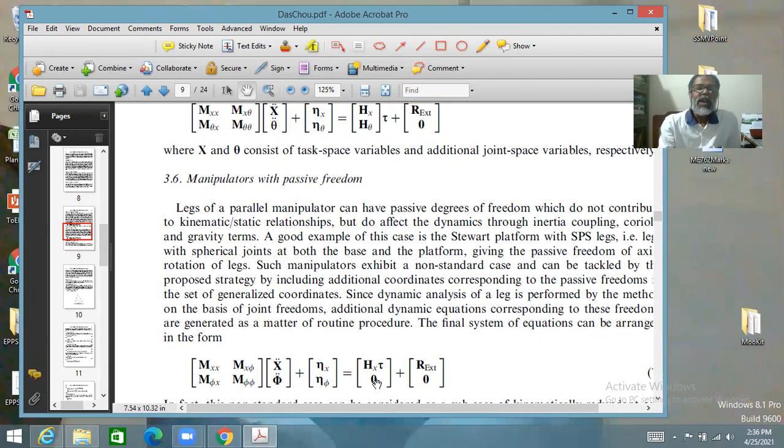So this will give you the dynamic equations for the manipulators with passive freedom. But the inertia, etc., will come, so those things are included here as they are. In order to show that this is actuated and this is passive, here I have put theta, here I have put phi.